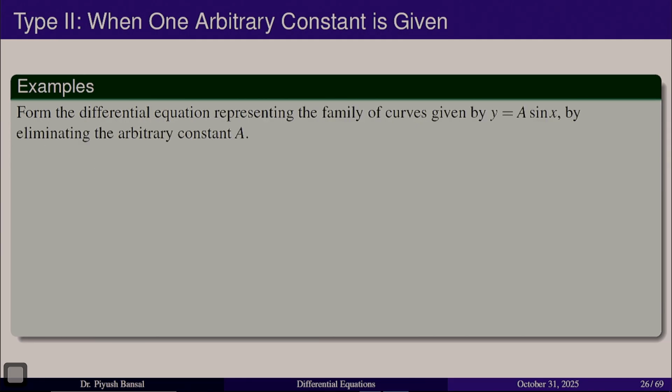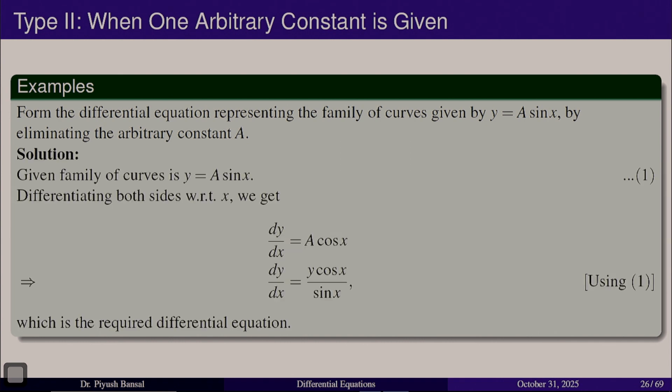Now this is another family, y equal to a sin x. Again a can be separated by y over sin x equal to a, and then we can take differentiation, or we can do it this way also. Rather than separating, just like the second case, just take the differentiation, find the value of a and put it in the given equation.